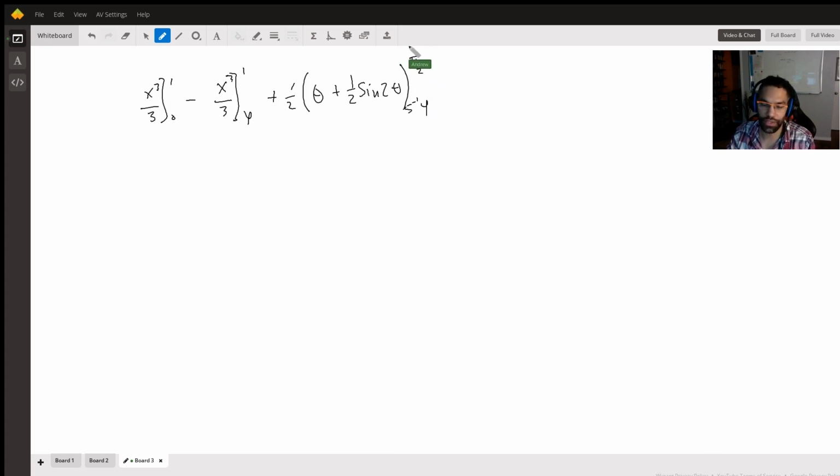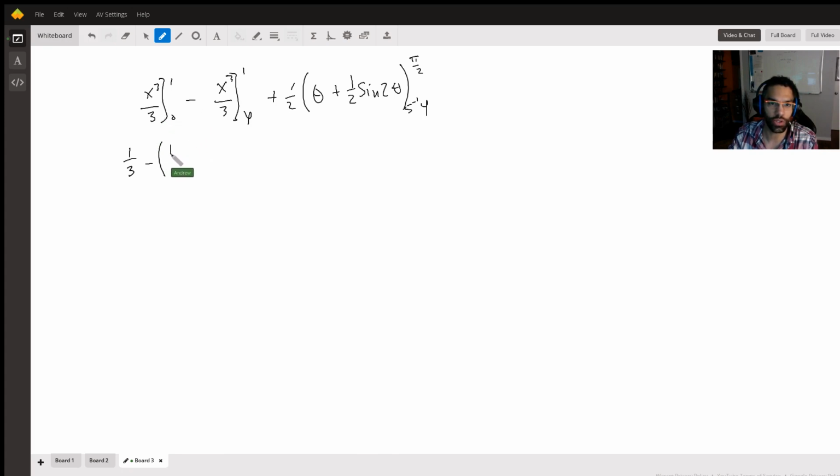Now in this case here, when we evaluate this, this becomes 1/3. Let's see, 1/3 minus this here ends up being, yeah, because that's a 0, so that goes away.